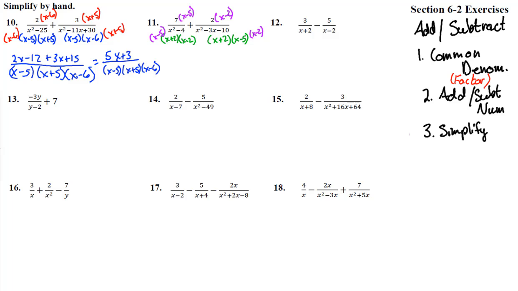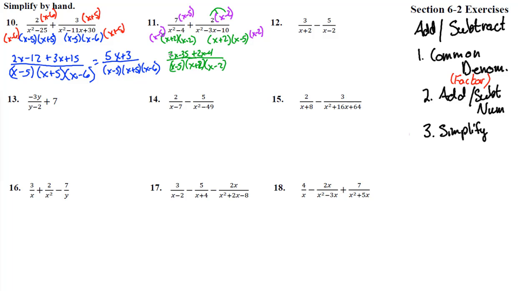Good. Okay, so we get 7x minus 35, plus 2x minus 4, over the whole denominator, which is x minus 5, x plus 2, x minus 2.